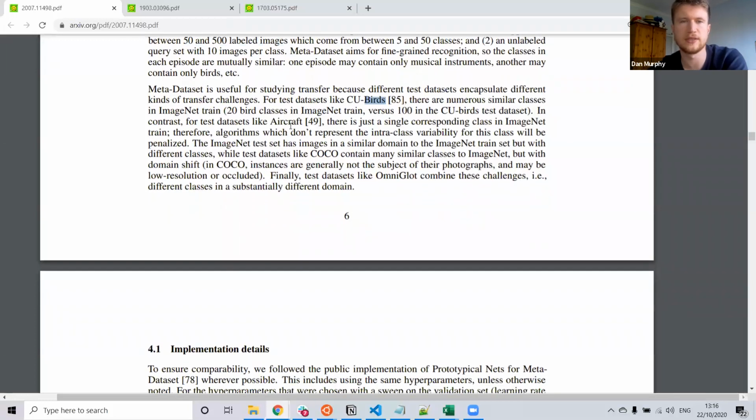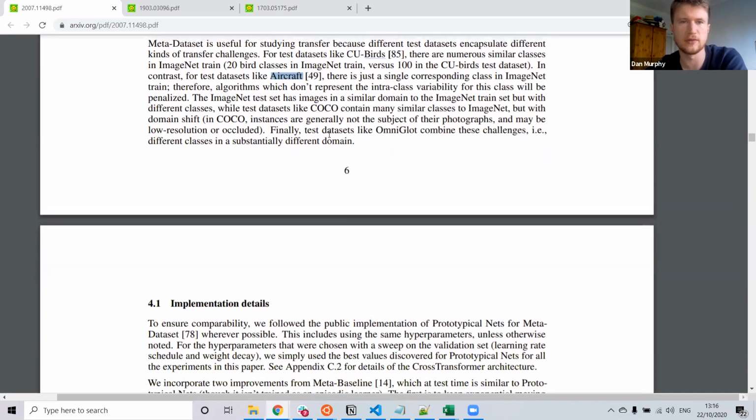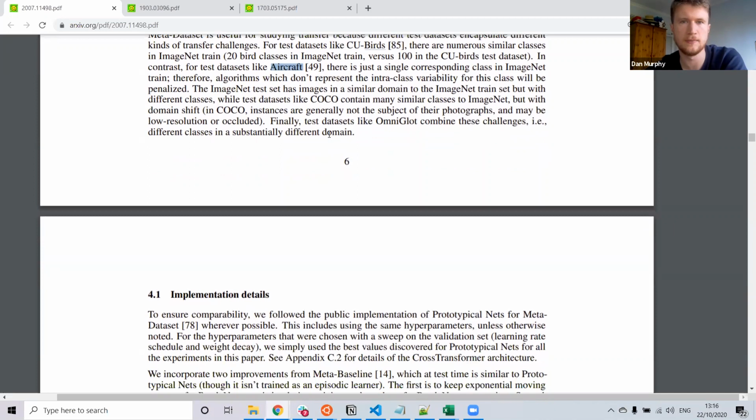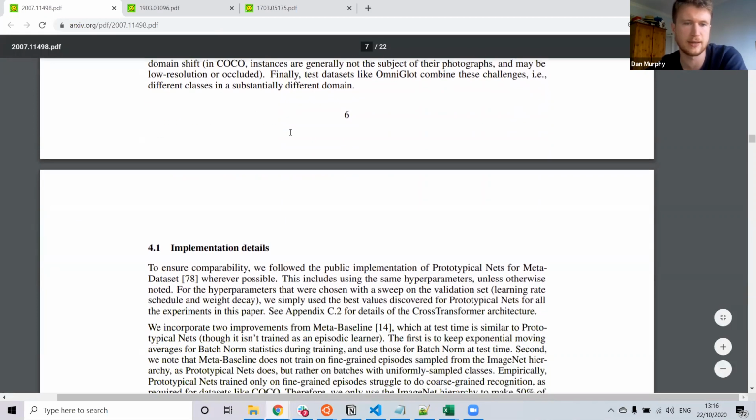Whereas the test data set aircraft has lots of different classes within it, but there's a single corresponding class in ImageNet. So you don't stand as good a chance of generalizing without more in the way of some kind of regularization, similar to what they talked about earlier in the paper. And basically they're saying there's a lot of different problems encapsulated within metadata set.